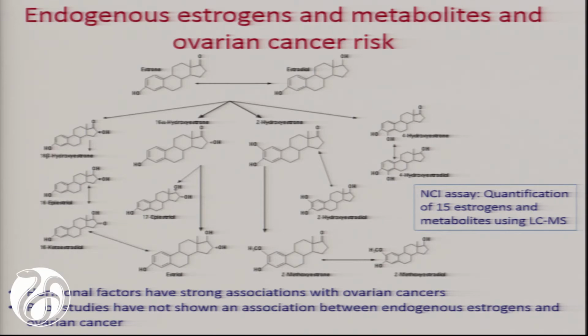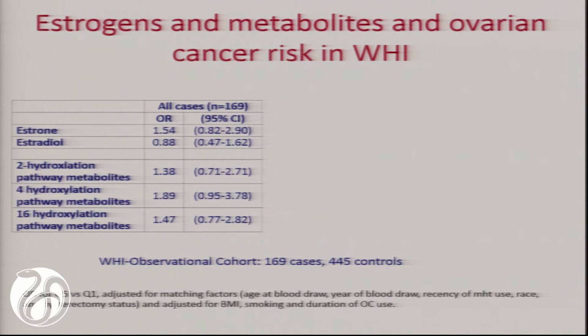At the NCI, we have developed an assay that allows quantification of 15 estrogens and metabolites using LC-MS, and that gives us a comprehensive picture of endogenous circulating estrogens and their metabolites, shown here. This is very fresh data, just hot off the press last week, but I want to share it with you because it again shows the same pattern.